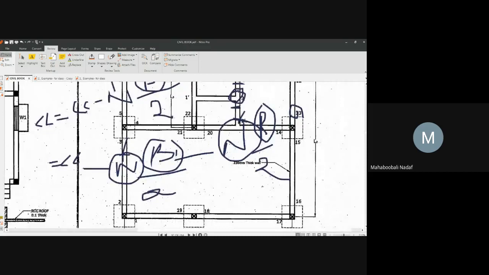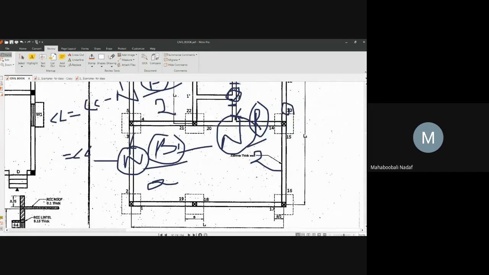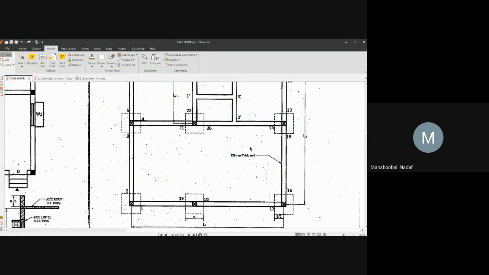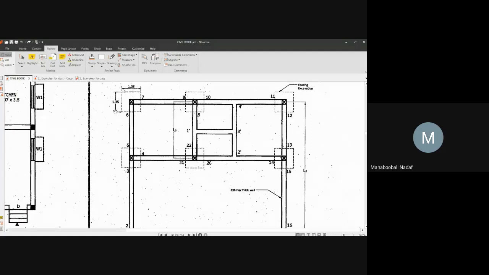How many junctions are there? For each corner column, 2 junctions will come. For this type of column, 3 junctions will come. Is that okay for everyone?